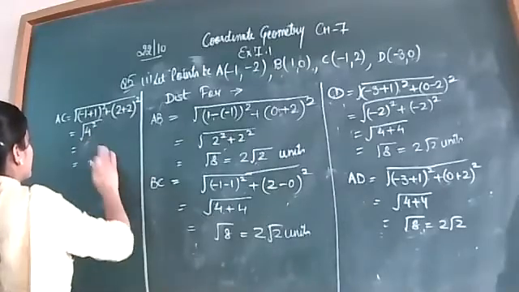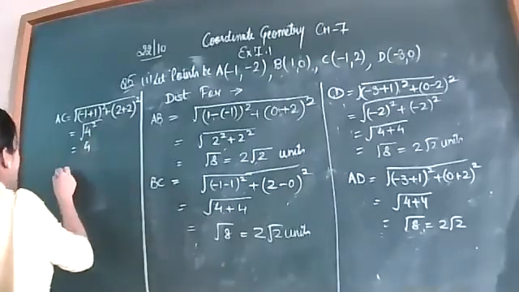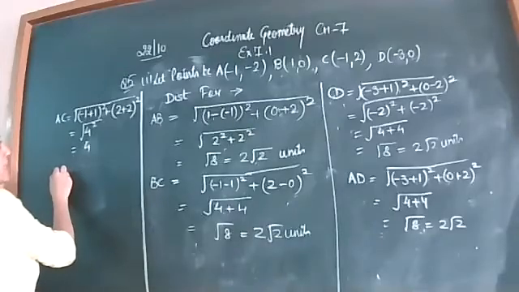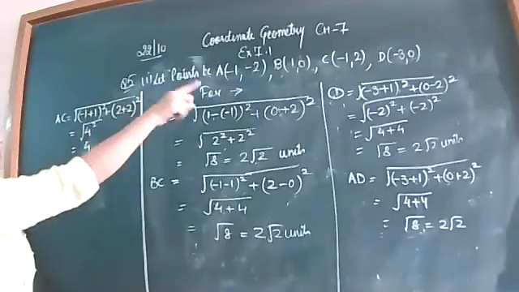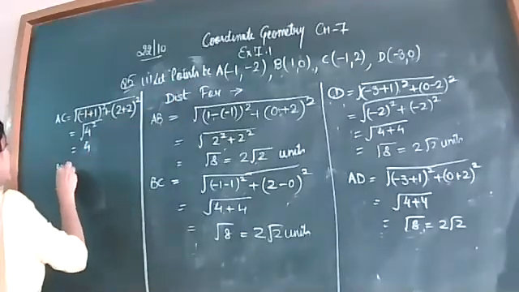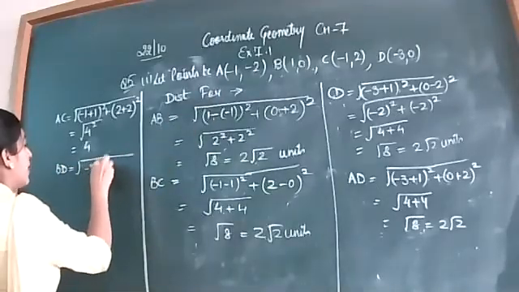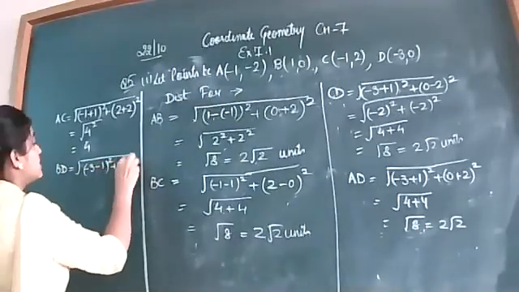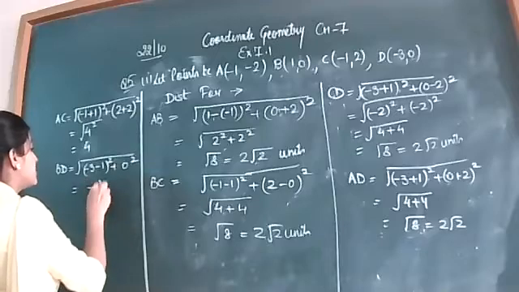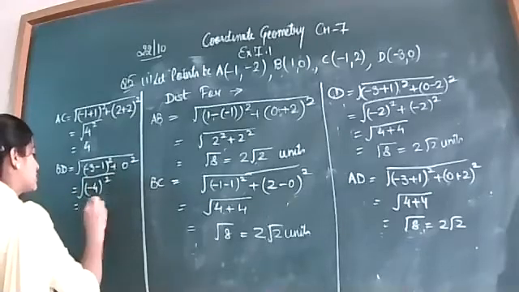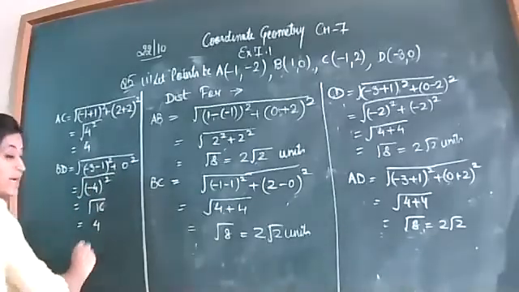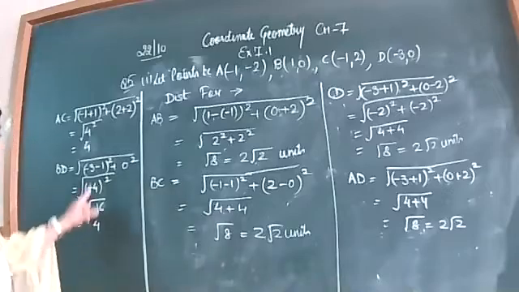Next, AC you have got. Now BD is the length of the other diagonal, that is -3 minus 4 whole square plus 0 square, that will give you -4 square, that is 16, and after this you will get the length of the other diagonal as again 4.